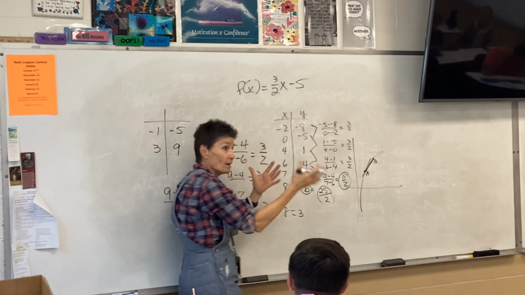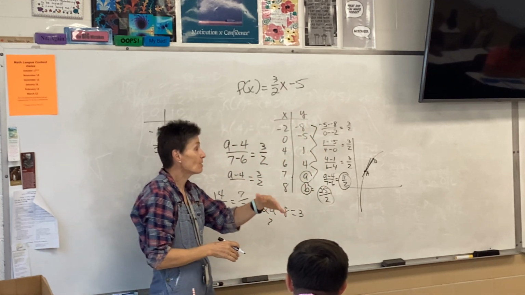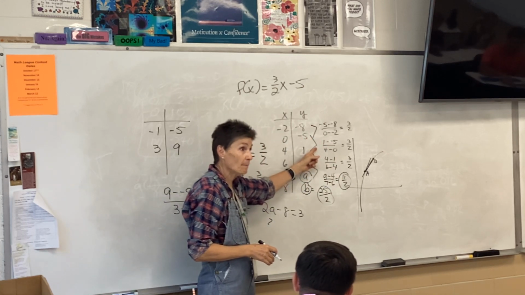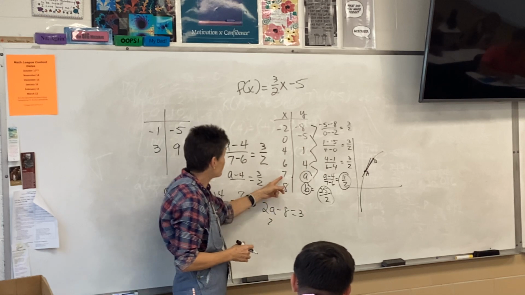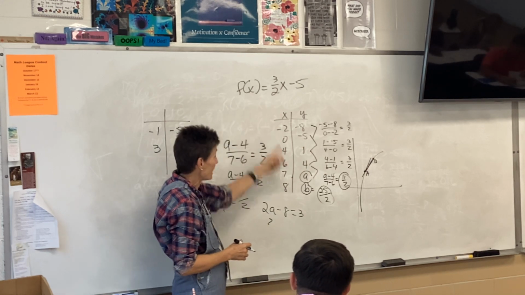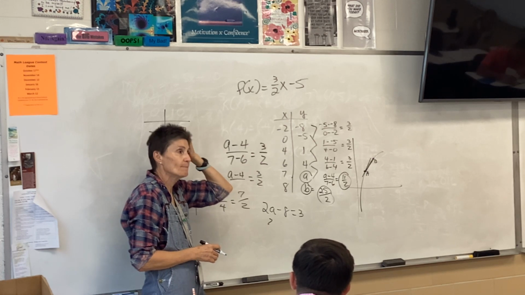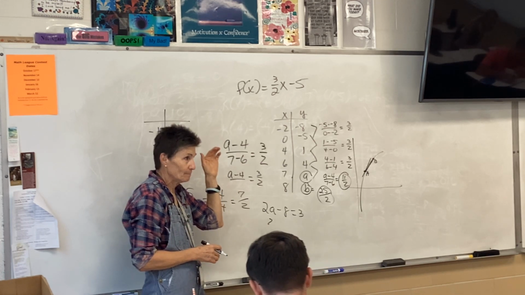Perfect, so you could write a rule, you know it's linear, you know the slope, and you have the y-intercept, right? So now you can just plug in 7 and plug in 8 and get those two values. So either one of those ways is fine, just great. Anybody have a question about that?